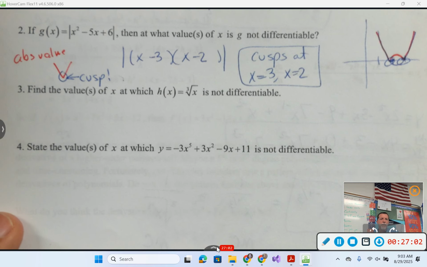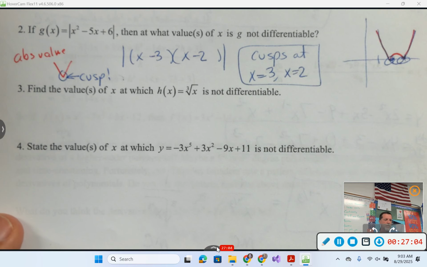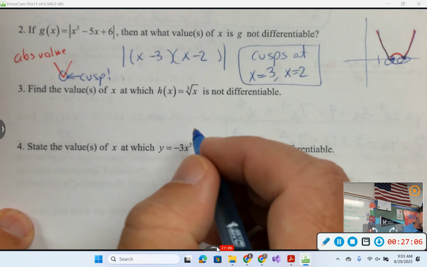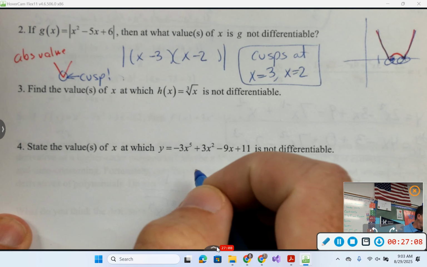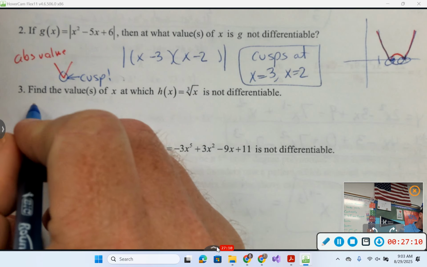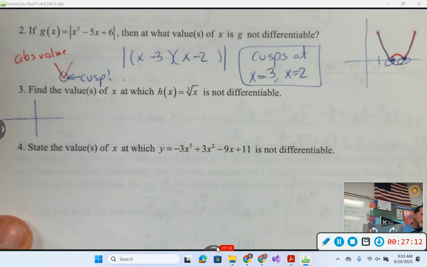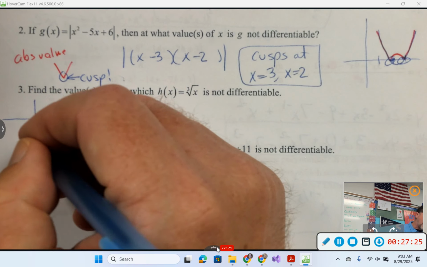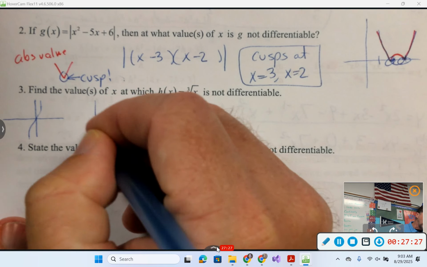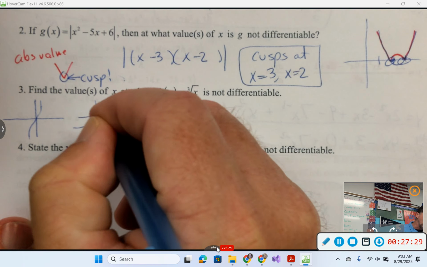Number 3, find the values at which the cube root is not differentiable. Kind of two ways to do this. Do you remember what the graph of a cube root looks like? I think that's right. Emma's trying to draw it in the air. Let me give you two choices, and you tell me which of these is the cube root.